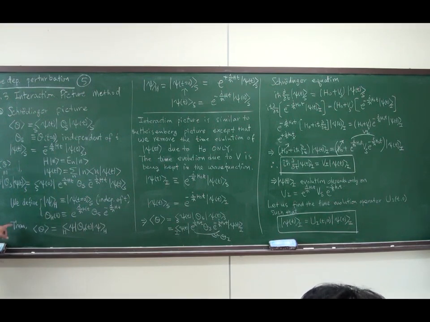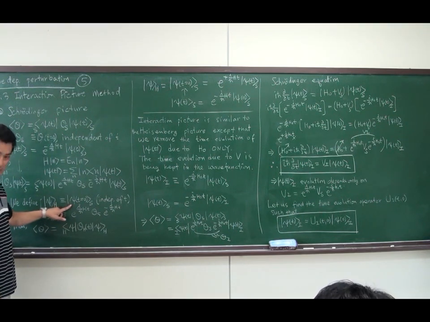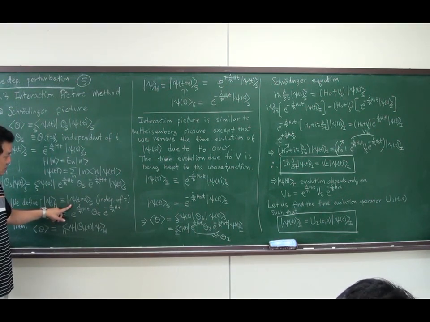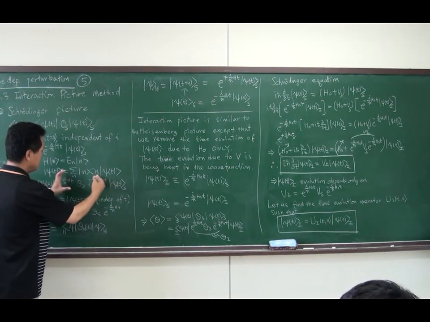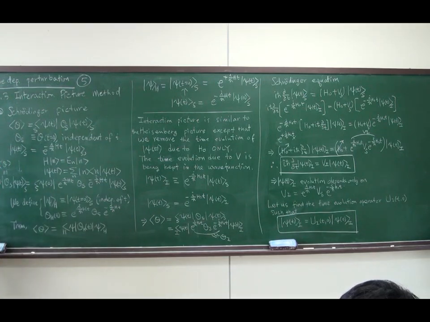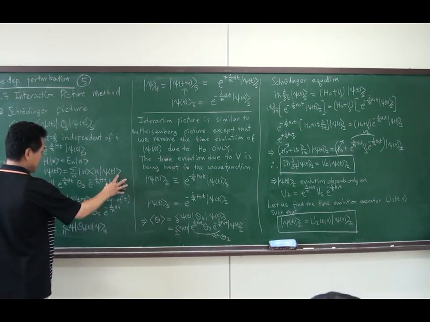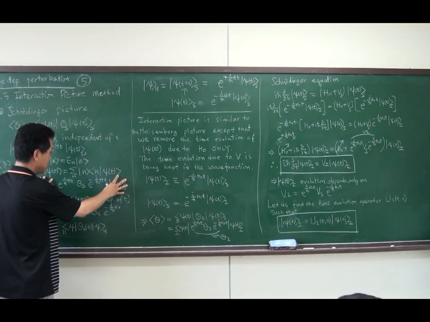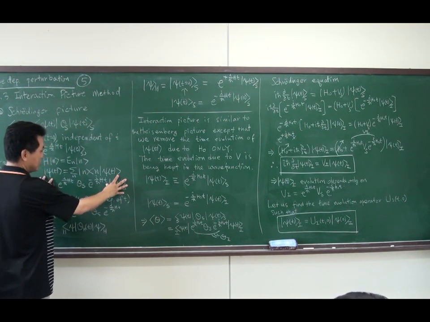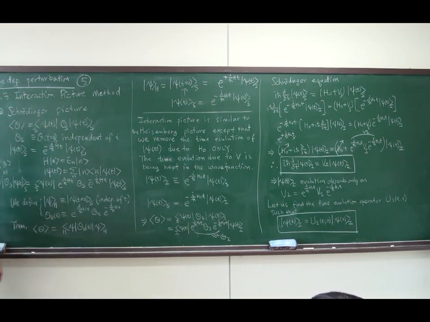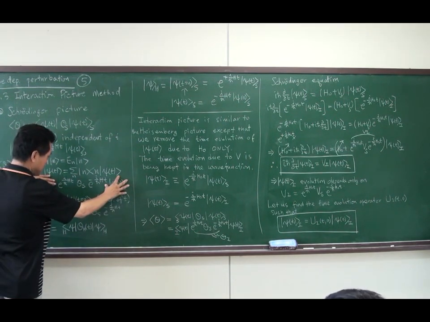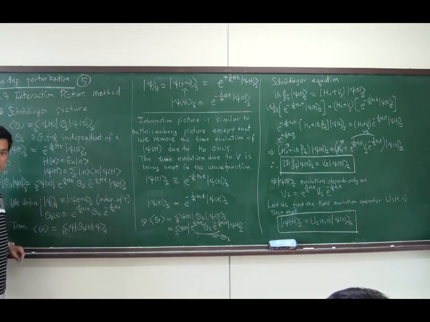Okay, let us define the wave ket in the Heisenberg picture, in which it is independent of time. In that case, the time evolution effect is acting on the operator. So this is the Heisenberg picture wave function, which is independent of time, and now the dependence on time is absorbed into the dependence of the operator. So this is the wave ket in the Heisenberg picture, and this is the operator in the Heisenberg picture.